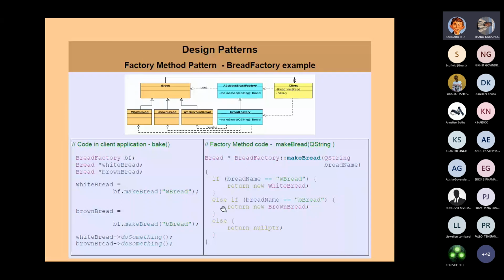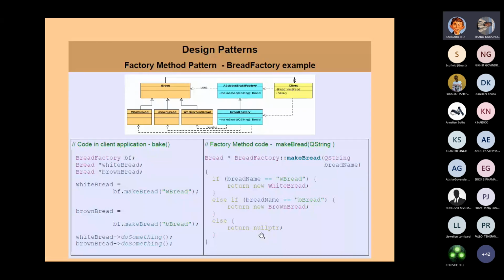And this is where the parameterized method comes in. If the bread name is equal to white bread, you return new white bread. Also, if bread name is equal to brown bread, you return new brown bread. And it's important to always have a default case, return null pointer, otherwise you end up with problems.